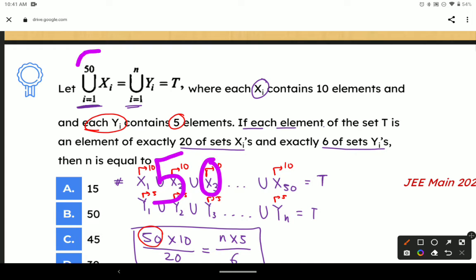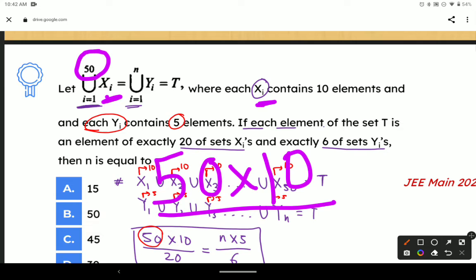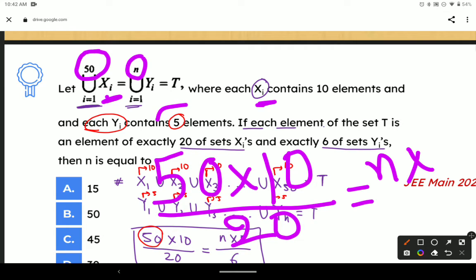First take this 50 for x set size, and next 50 into how many elements x contains, 10, upon how many of these sets, 20. You should be equating it to the same for y, here n, into how many for y, here 5, upon 6 of sets, here 6.